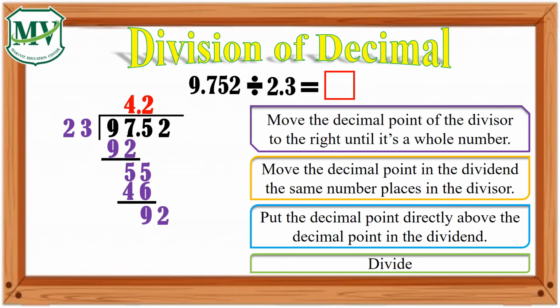Bring down 2. 92 divided by 23 equals 4. 4 times 23 equals 92. And 92 minus 92 equals 0. So 9 and 752 thousandths divided by 2 and 3 tenths is equal to 4 and 24 hundredths.